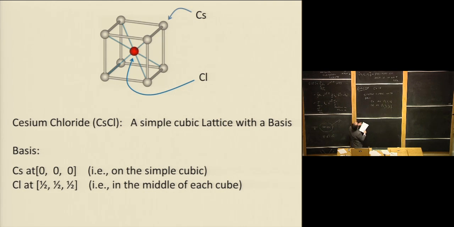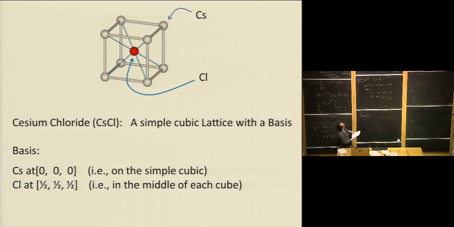So using that expression for the structure factor, we can write S at hkl equals, okay, so it's going to be a sum over the two atoms in the unit cell. The first atom is at 0, 0, 0, so e to the 2 pi i, then we have a bunch of zeros upstairs. So the first term will just be f cesium, because e to the 2 pi i 0 is just going to give you 1.